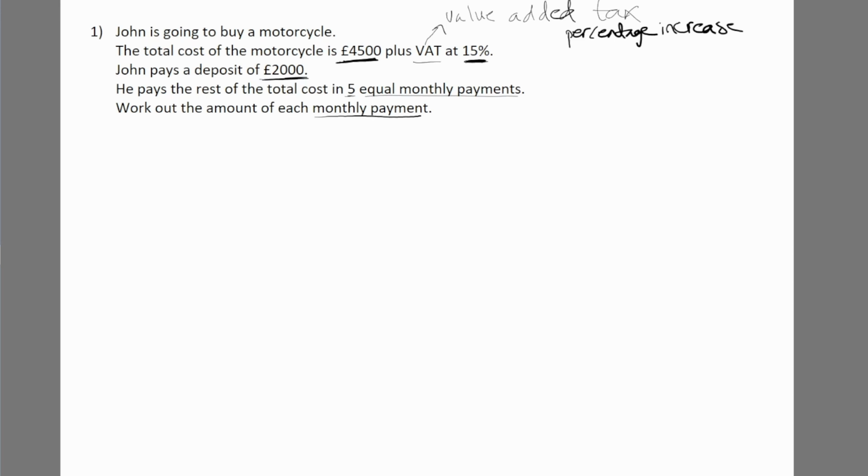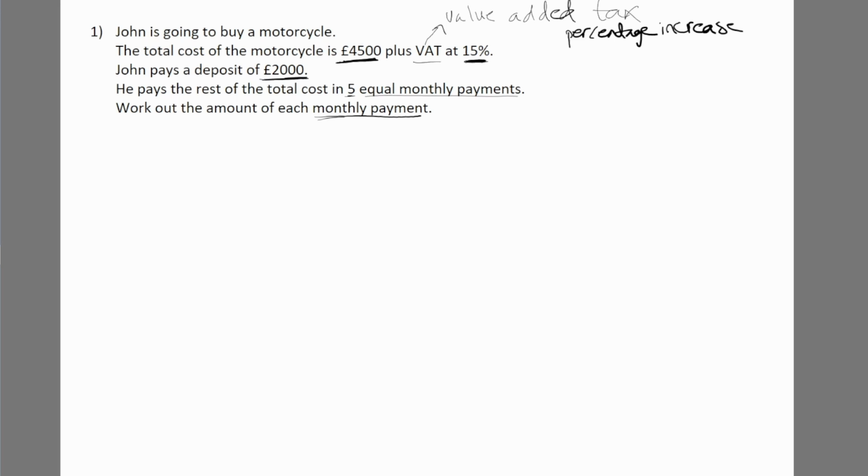Okay, so in such questions, it helps to think backwards. So we want to find out how much he is going to pay a month. So let's say you had to pay £2,000 during 5 months, in equal payments. You would divide 2,000 by 5 and get 400. So this is your monthly payment.